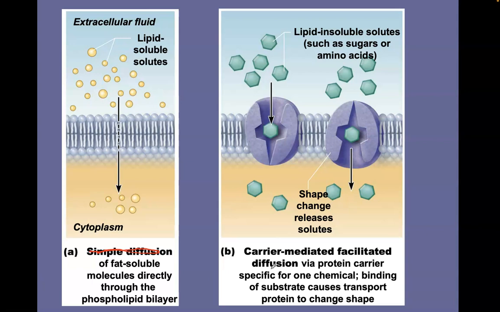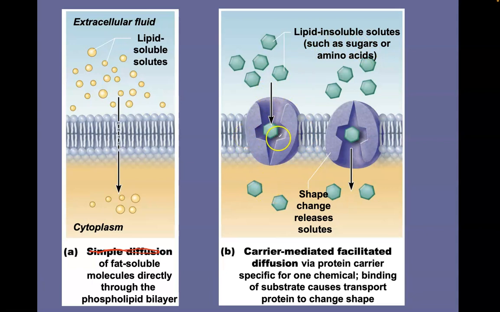There is carrier-mediated facilitated diffusion. This is where we have a protein carrier that's specific for one type of chemical. It's going to bind a certain substrate, and when it binds that substrate, it's going to undergo a conformational change and then release it to the other side. For example, glucose is transported across the membrane this way because glucose is a really large, bulky molecule.